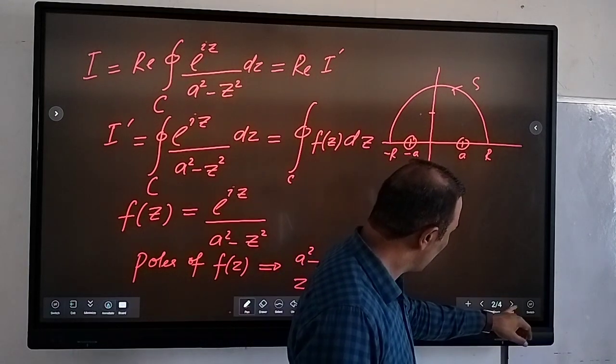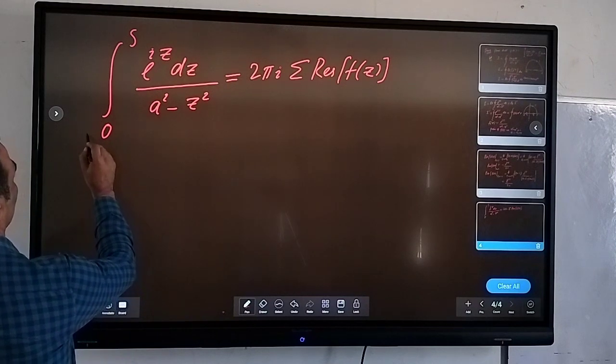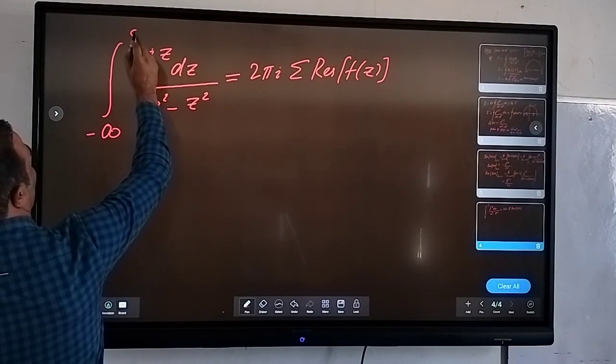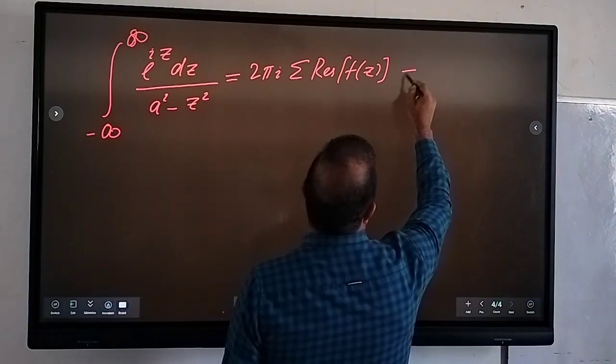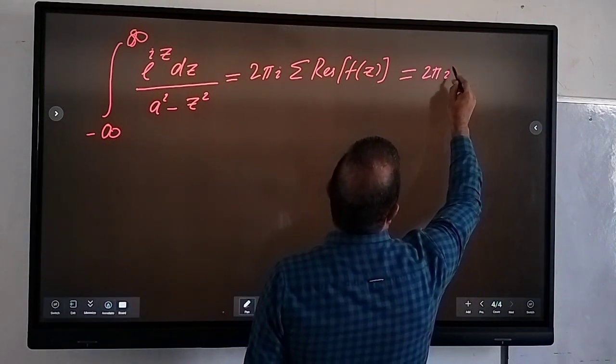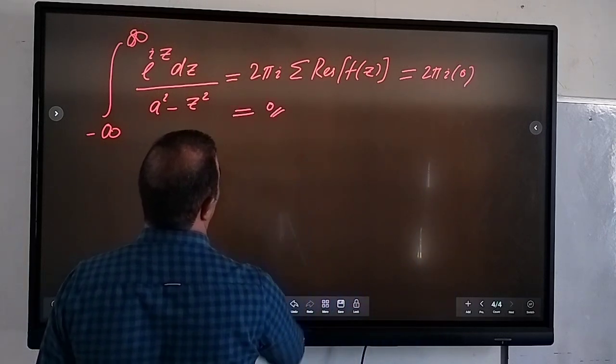So that means this integral will be equal to, so we can write that from minus infinity to plus infinity. So that's equal to, so that means there is no contribution from it, right?